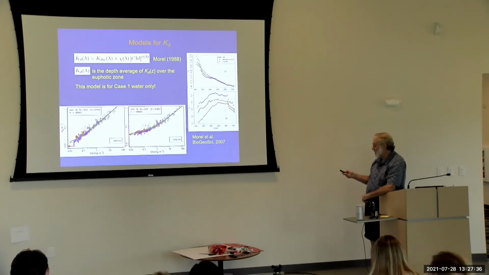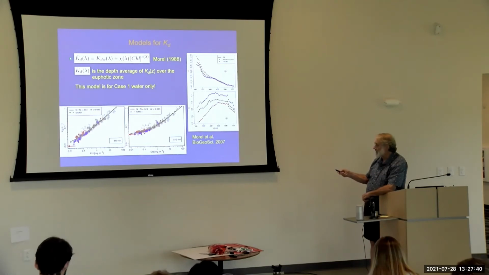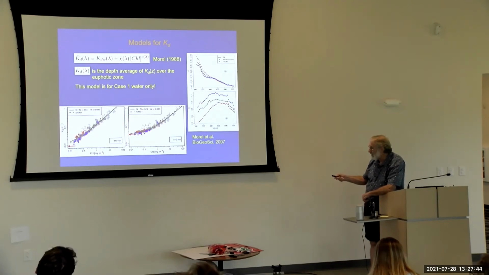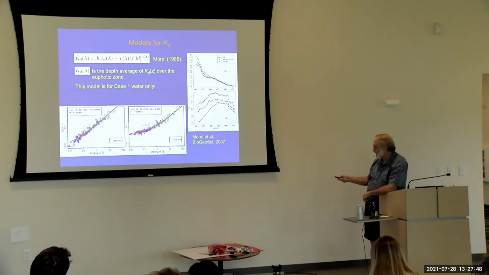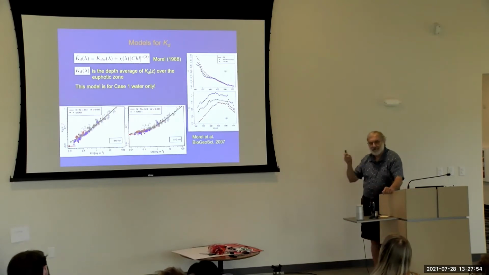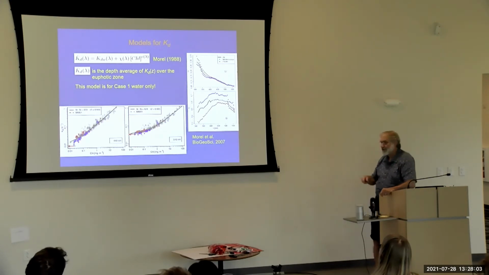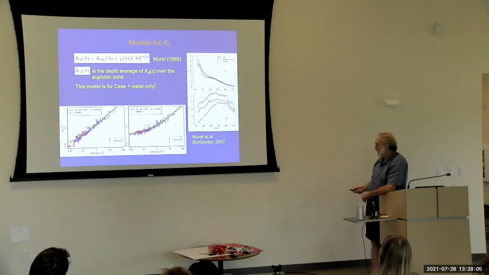And he comes up with little functions so that, for example, if you want the average KD over the euphotic zone at say 440 here, he gets a pretty good curve. Here it is at 510. And so people take these kind of formulas, plug them into their ecosystem models to get the light field at depth, and then use that to do their photosynthesis and so forth. So that's why people care about KD.